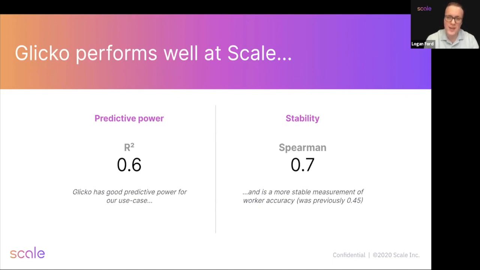Versus with Glicko, things were much more stable, with a Spearman of 0.7. This is quite a significant difference. Essentially what this tells us is that by using Glicko, we can be more confident that our answers are closer to the true rating that we would get if we had subsampled a different set of benchmarks rather than the ones we necessarily did in this single case.